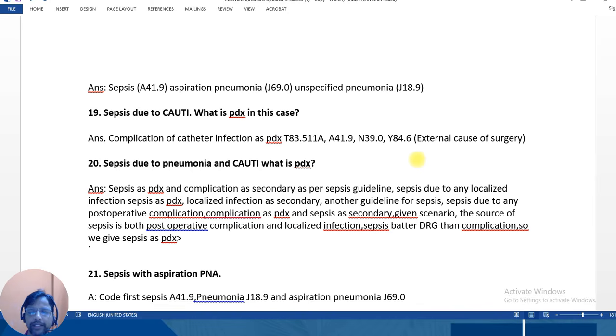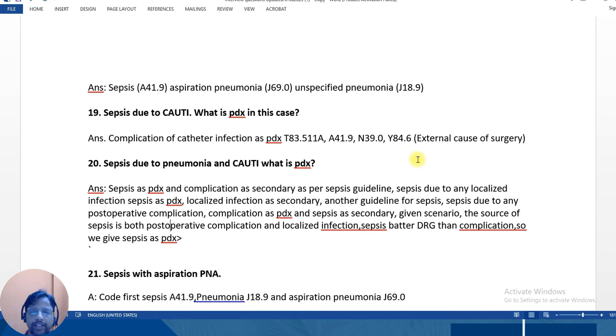Another guideline for sepsis: sepsis due to any post-operative complication, complication as PDX and sepsis as secondary. In the given scenario, the source of sepsis is both post-operative complication and localized infection. So sepsis gives a better DRG than the complication. So we will give sepsis as PDX in this situation.